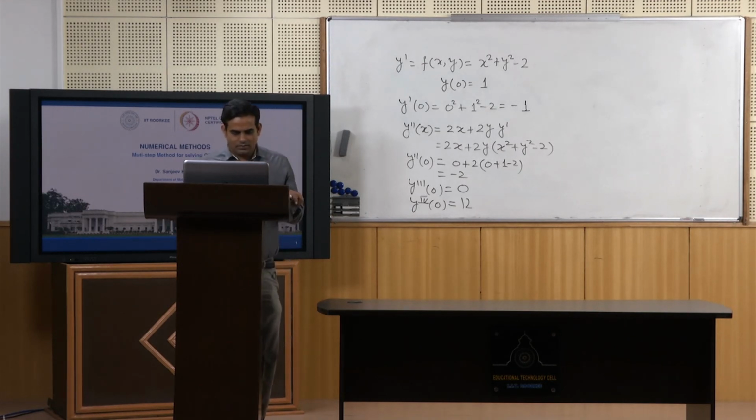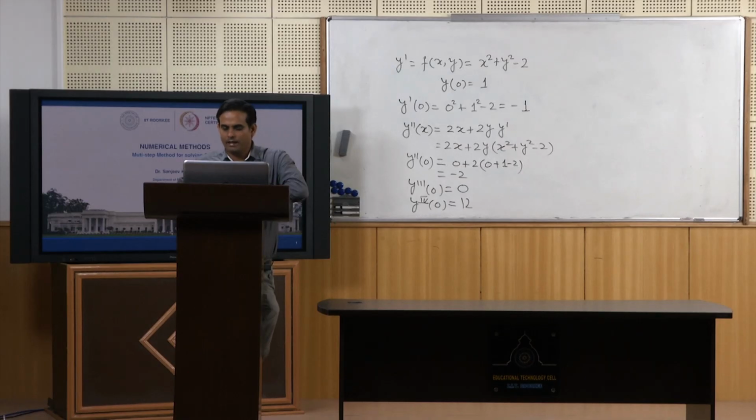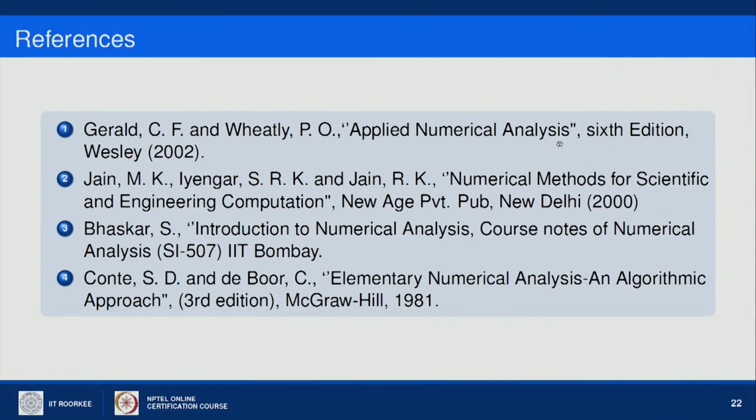Now since it is the last lecture, I would like to tell you about a few references which I have used for making all these lectures. The first one is the book Applied Numerical Analysis by Gerald and Wheatley, and I have used the 6th edition of this book. The other book is Numerical Methods for Scientific and Engineering Computations by Jain and Iyengar.